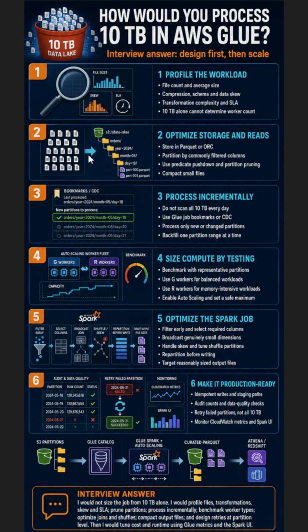We would understand that. Then we could optimize the storage. Of course, the 10 TB would not come directly, it would be coming in batches of files, so we would optimize that in a date format or a partitioning format.